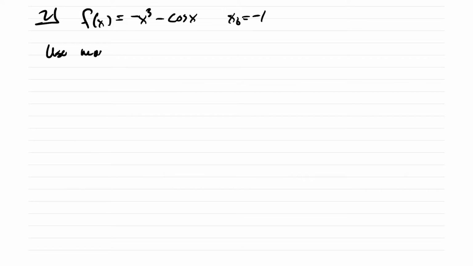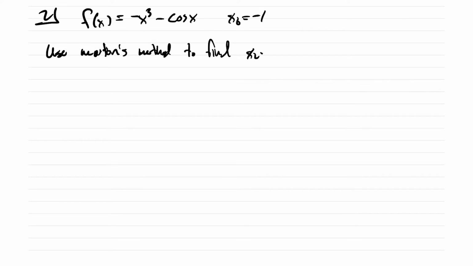If we take a look at problem number 2, they're telling us to go ahead and do the computation for f of x equal to negative x cubed minus cosine of x, and starting at x0 equal to negative 1. And we want to use Newton's method to find x2.